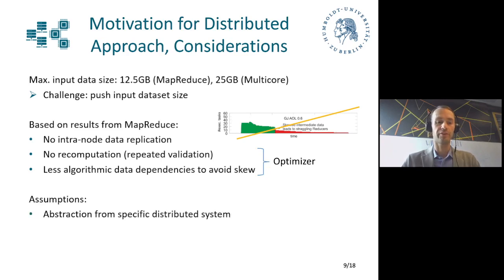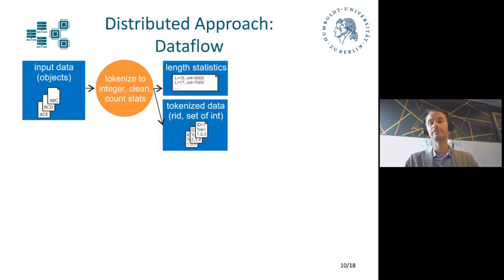Our assumptions are as follows. We abstract from a specific distributed system, so our approach could potentially be implemented in many distributed systems so far, and we assume a large number of compute nodes, as I said before. This is the data flow.